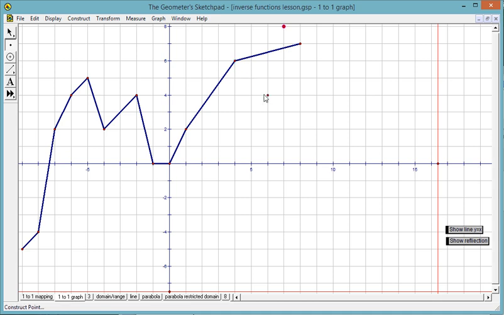So I would have to have 6, 4 on my inverse function. Right? So each one of these things, this whole graph is just flipped, the x and the y. This is a 1, 2. I would have to have 2, 1 on my inverse function. And so on. 0, 0 would be just 0, 0. But negative 1, 0 would be 0, negative 1.